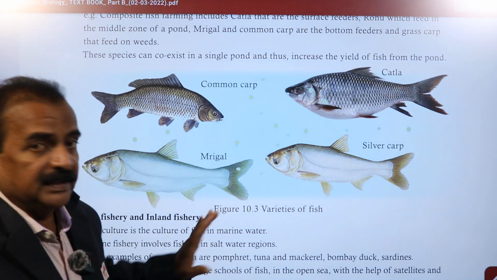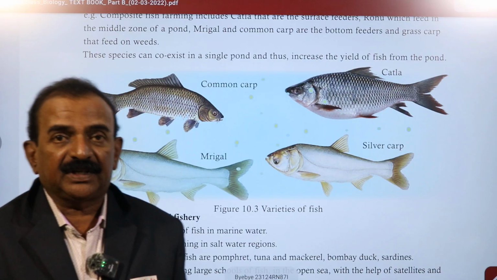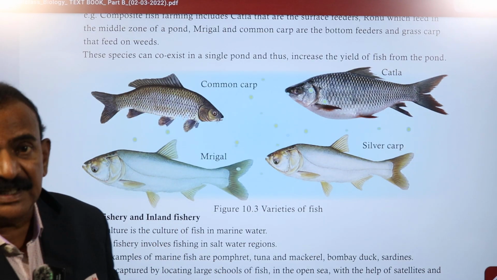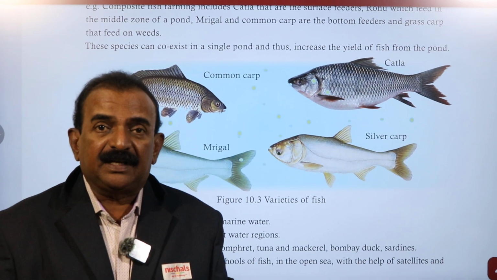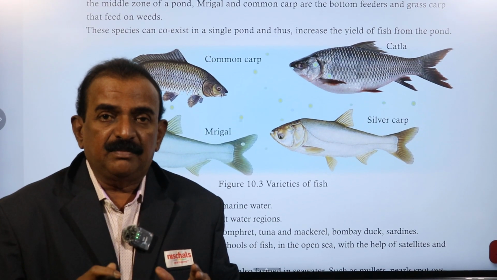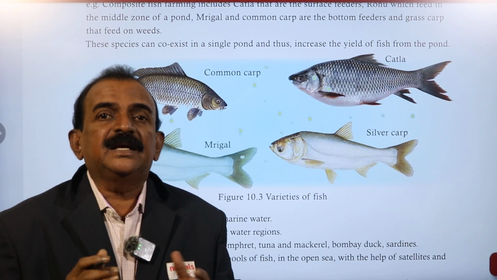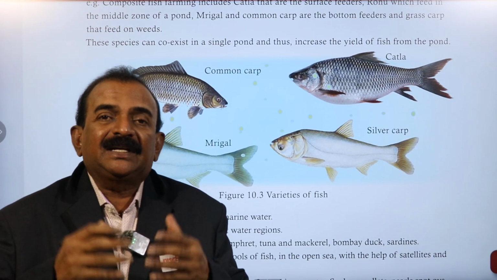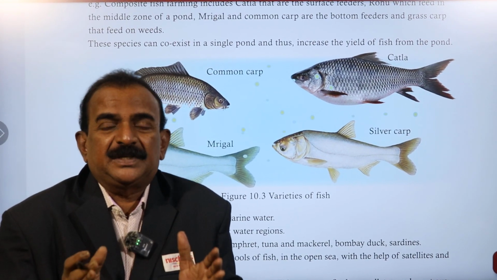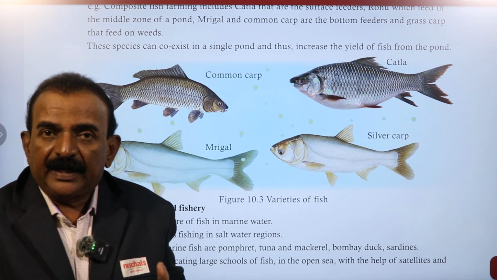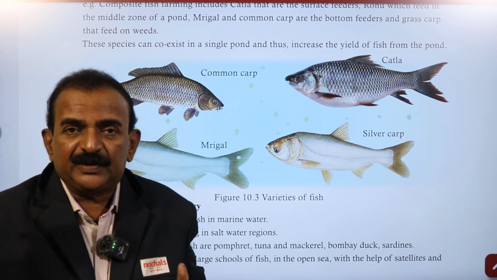So here there are four categories of fishes, and also we discuss the aquatic system, aquatic farm. The best example is the pond ecosystem, and there we observe different species of fishes that live in the pond, and some of them are surface feeders.